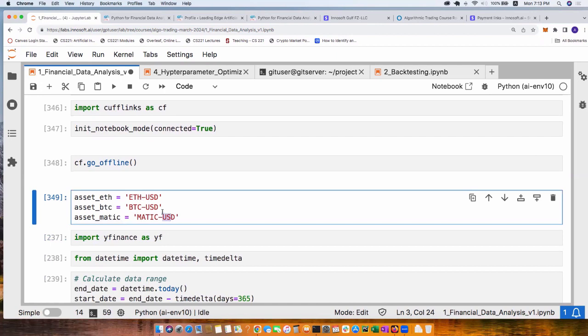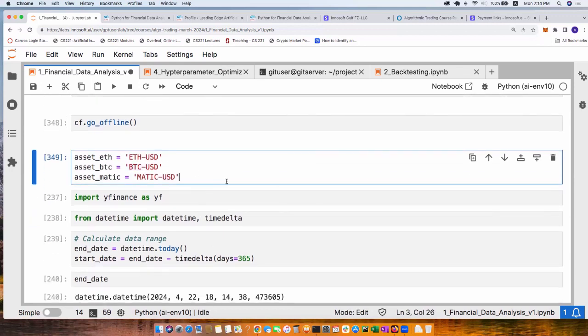What's the value of my investment today? I also want to know, if I want to put a portfolio together and only buy 2 of these assets, which 2 should I buy? Should I buy Ethereum and Bitcoin, or Matic and Bitcoin? What combination should I put together so that I have a diversified portfolio?